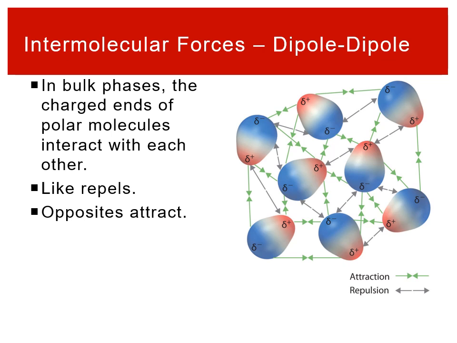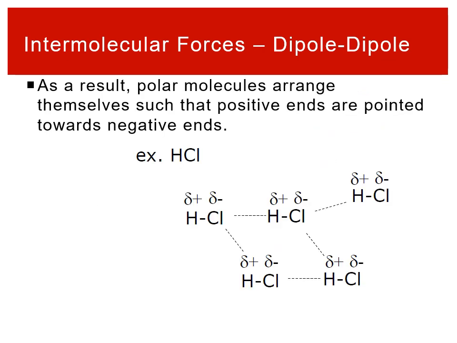They rearrange themselves, pointing opposite ends at each other. These are called dipole-dipole interactions. These are the attractive interactions between molecules because they are polar. These are molecules that have permanent dipoles, meaning they're always polar, and so they're interacting in that way.